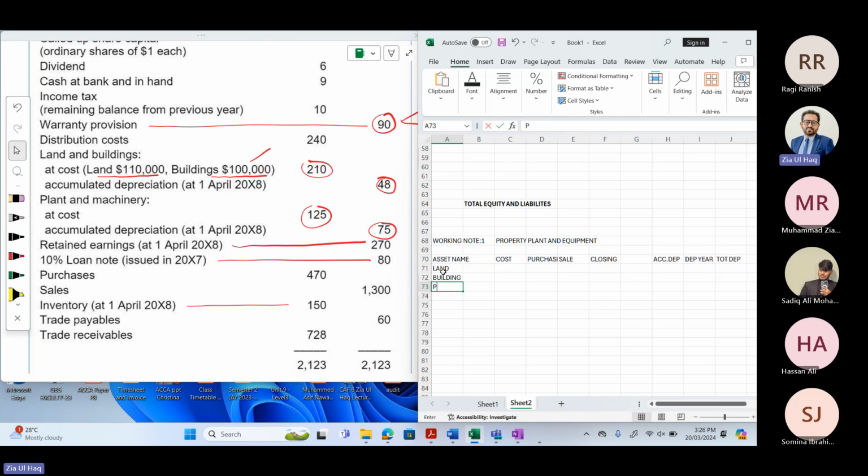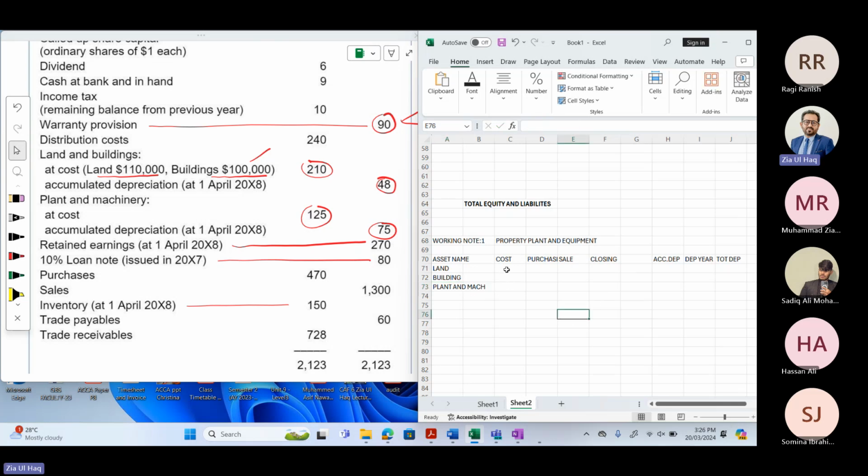And plant and machinery, we will make separate. If it is going here, you can simply put plant and machinery P and M like this.